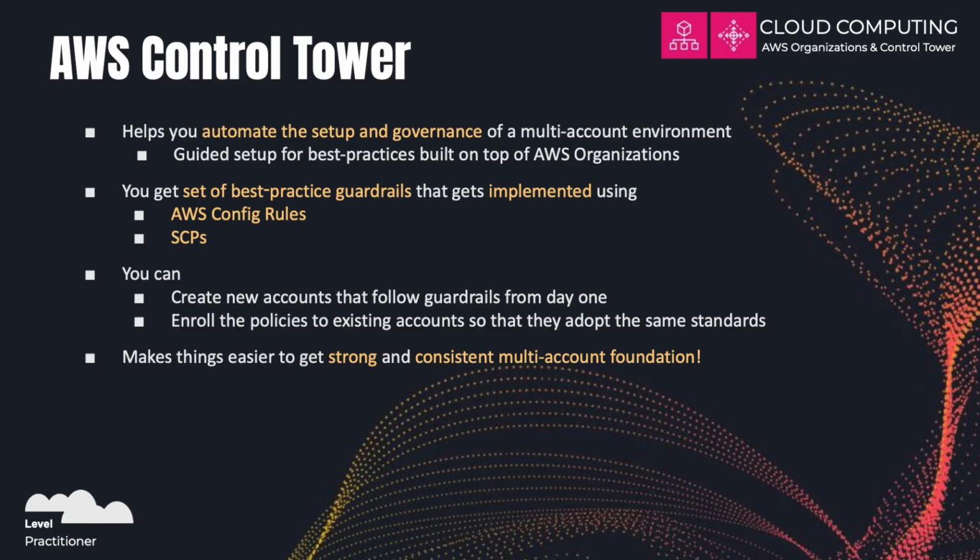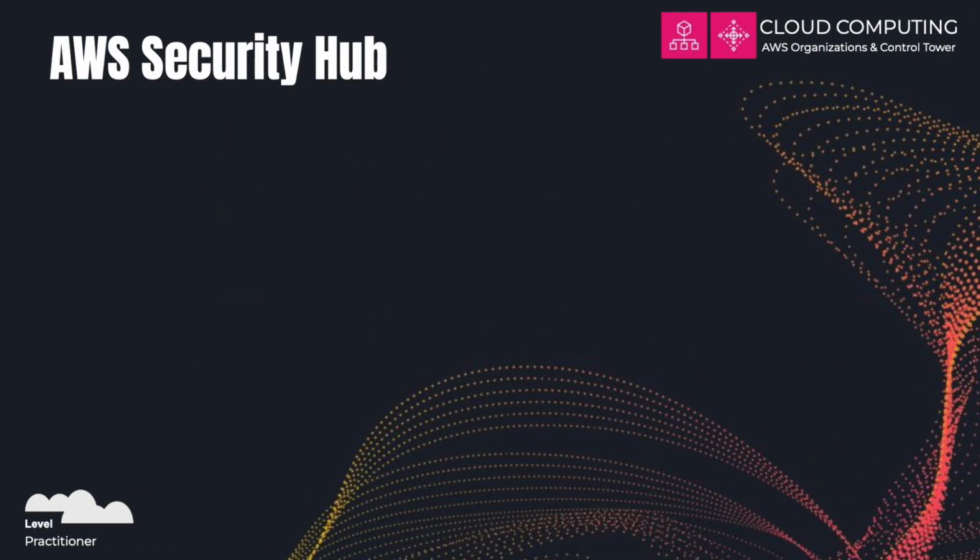And as the last service to cover in this video, once your accounts are set up and governed, you also need good visibility into security across all of them. That's the responsibility of AWS Security Hub. We already covered that in detail in our previous videos, but to give you one simple reminder of what it does, it gives you a central place to see potential issues and recommendations in one single view.